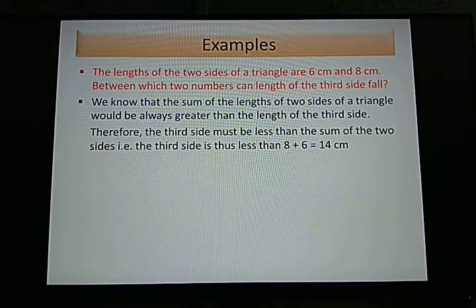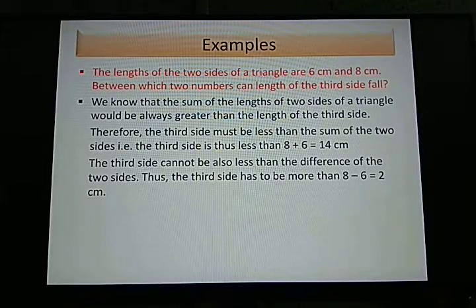Because if we take the sum of the two sides given to us, it will become 14 centimeter. So the third side has to be less than 14 centimeter according to that condition, that if we take the sum of the two sides of a triangle, then the third side is always less than that. So it has to be less than 14 centimeter. Clear?